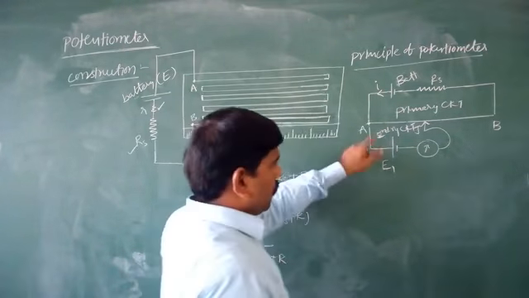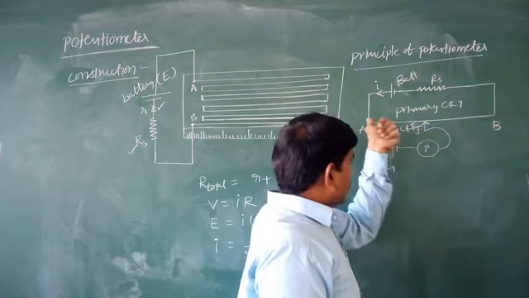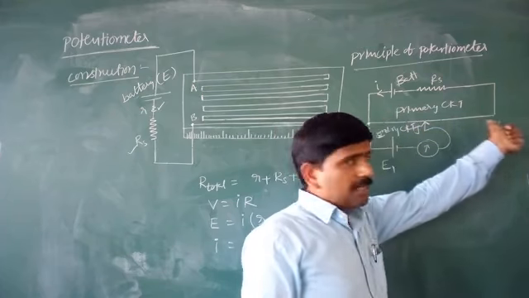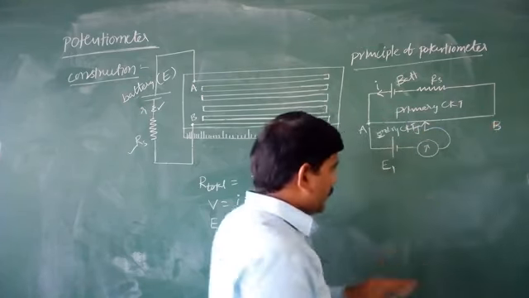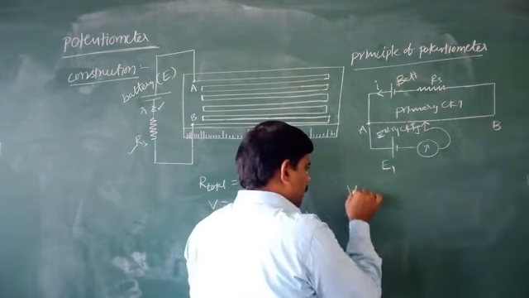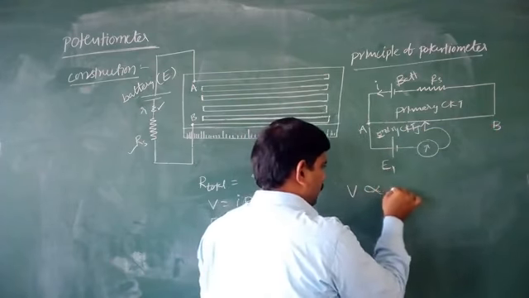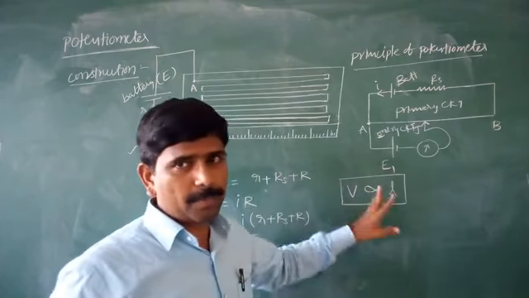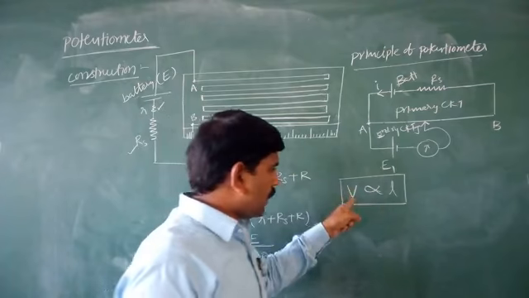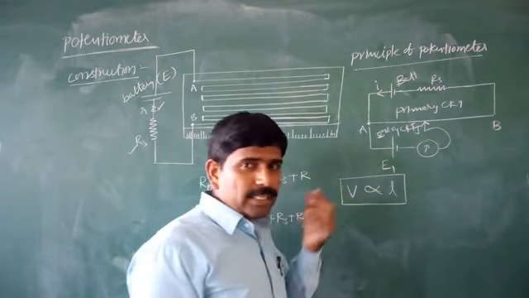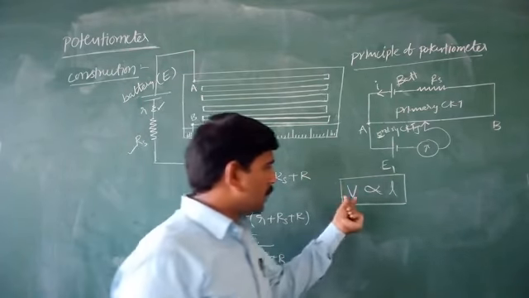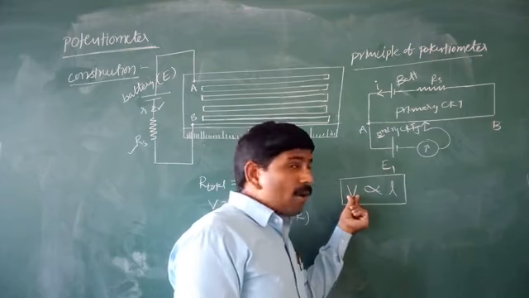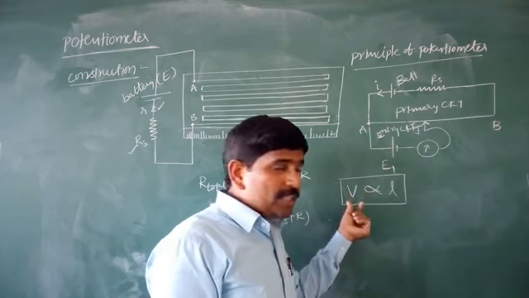Yes. When this jockey is moving from point A towards point B, then the potential drop across the length of the potentiometer wire is directly proportional to its length. Here, this V is nothing but the potential drop.